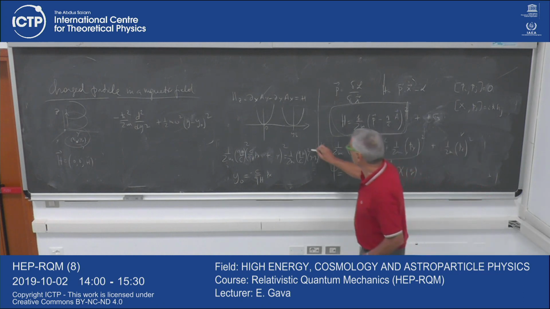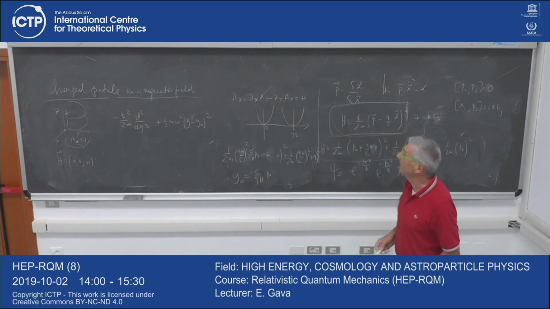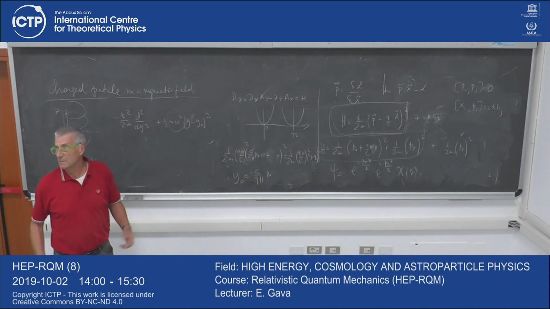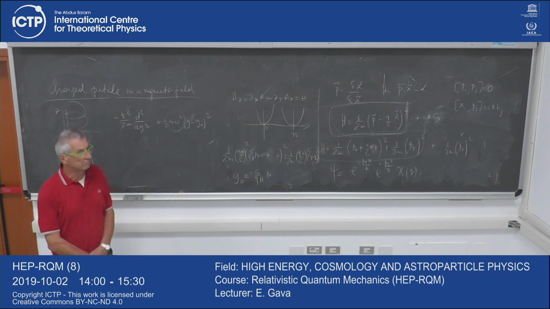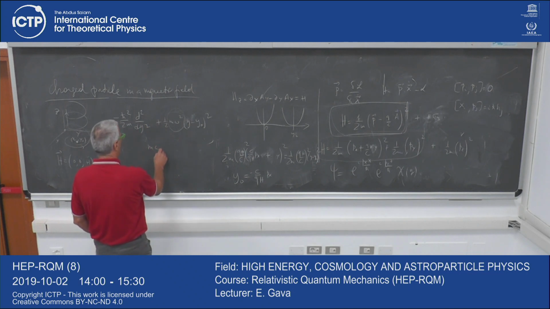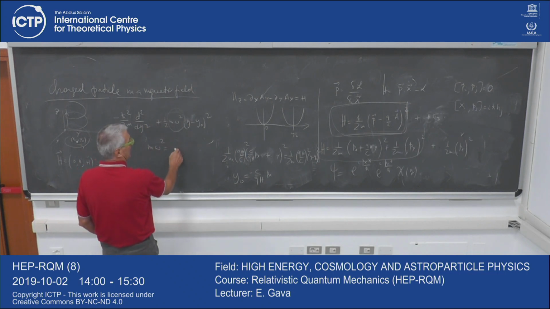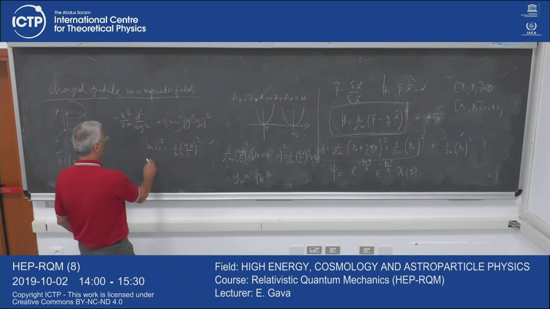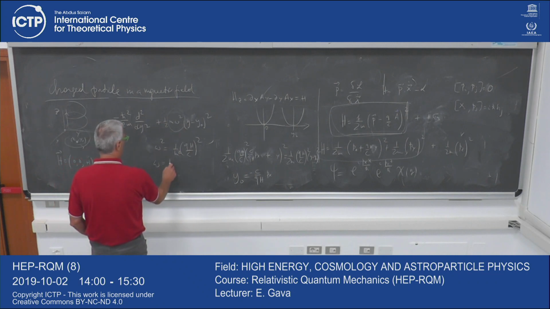And if I compare this to this expression, it tells me what omega is. So m omega square is 1 over m (qh over c) whole square, so omega square is this. So omega is 1 over m qh over c. Okay?